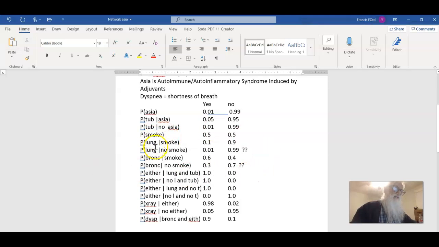The same thing is true for lung and for bronchitis, and either is basically, are both of these true? Lung disease and tuberculosis. Notice if they're both true, you get a 1. If one of them is true, you get a 1. If one of them is true, you get a 1. And if neither of them is true, you get a 0.